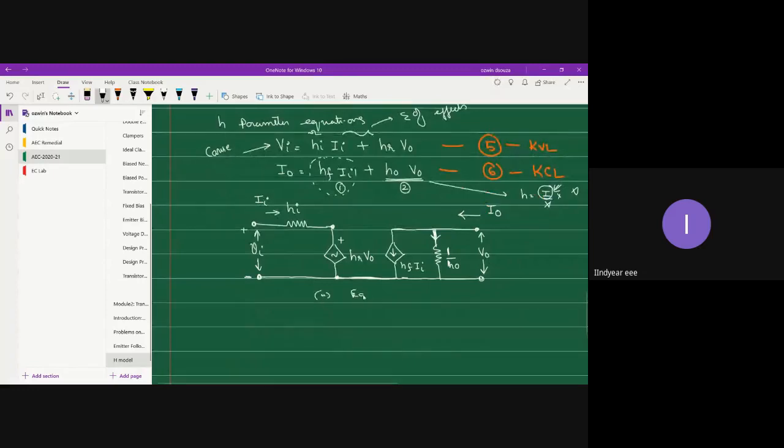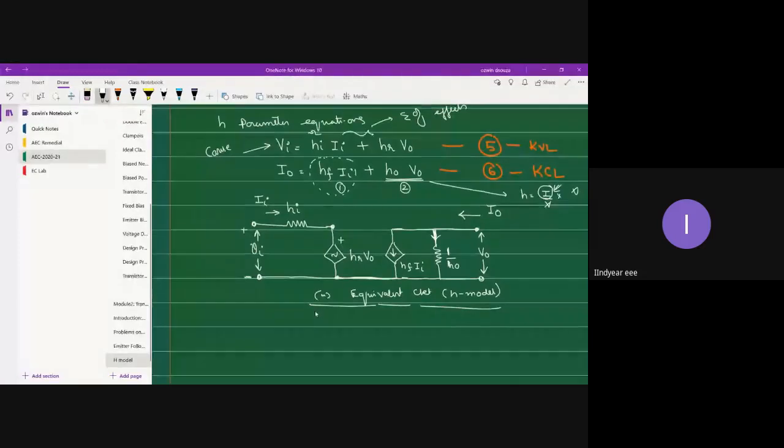This is also a transistor model based on a different approach, the H model approach.